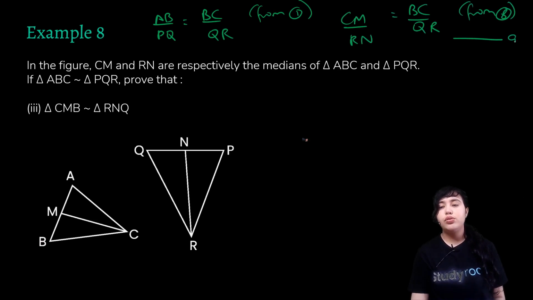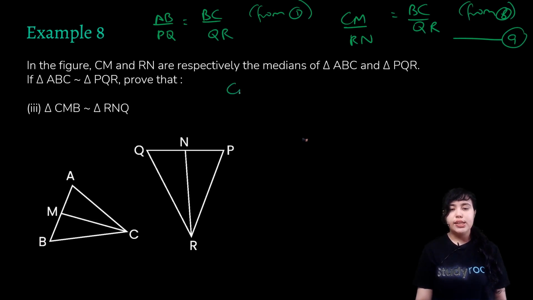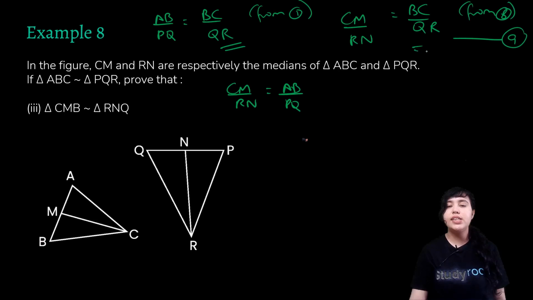And this is an important equation, we call this equation number 9. So now you can say CM upon RN is equal to AB upon PQ. You are basically making use of this and this, where BC upon QR is common.